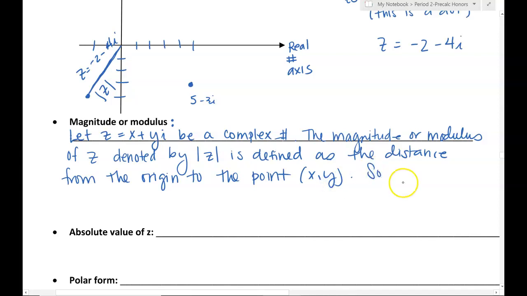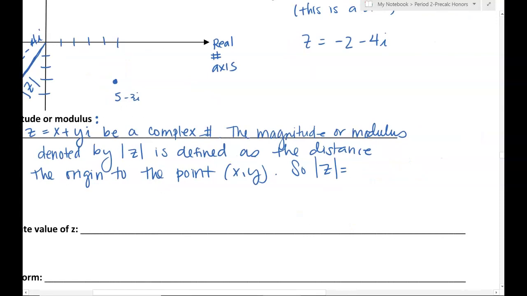So the absolute value of z, if we were to look for the distance, we would use the distance formula, right? And the distance formula would be the square root of x2 minus x1, but what if x2 is just x, and x1 is the origin, and we square that, then add y2 minus y1. Well, y2 is just y, y1 is at the origin, so we can just say something like this.